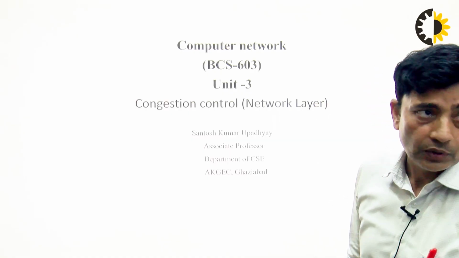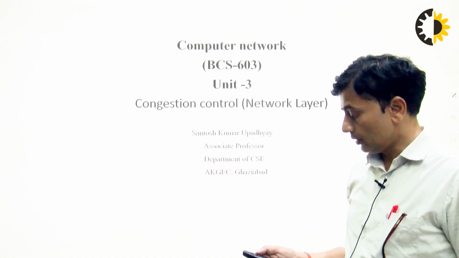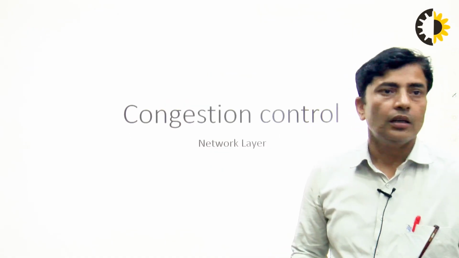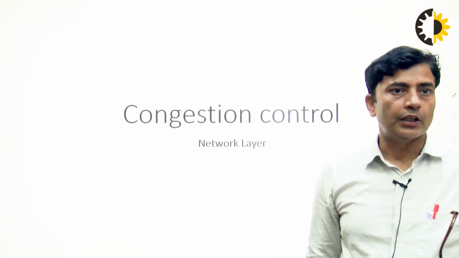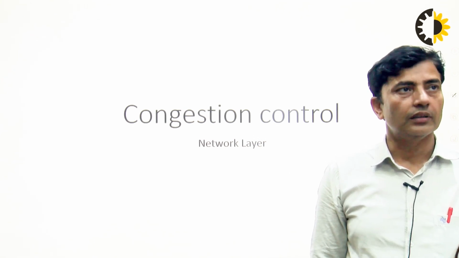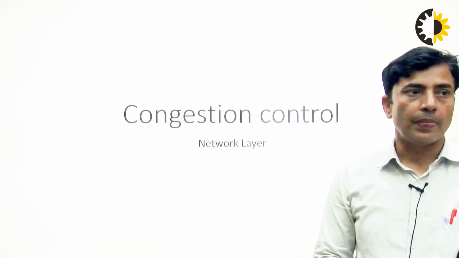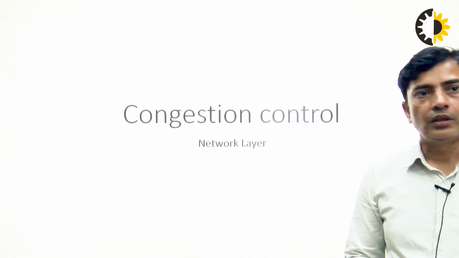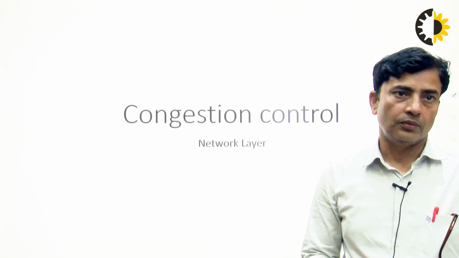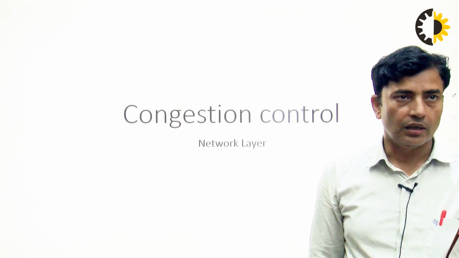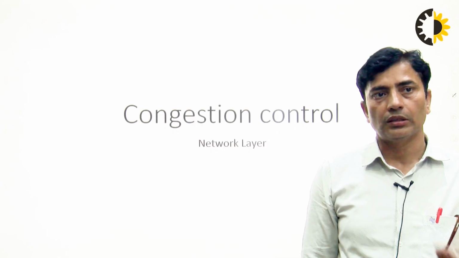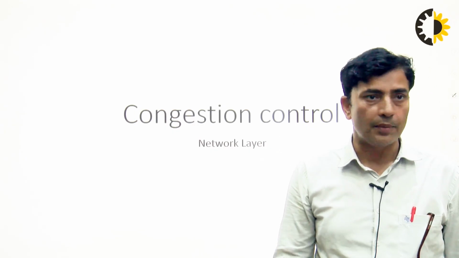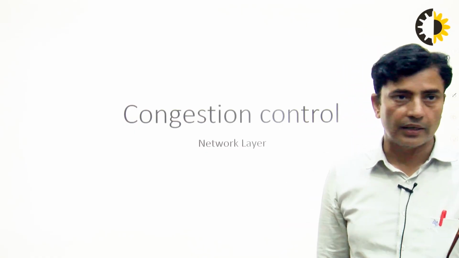So, as we know, what is congestion? Basically, congestion means there is network traffic in the computer network, and the packets from different sources are not delivered to the destination due to jamming of the signal or jamming of the packets.